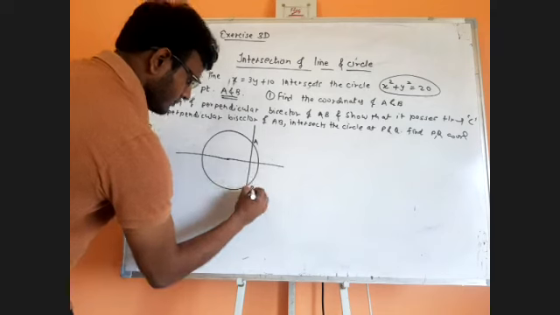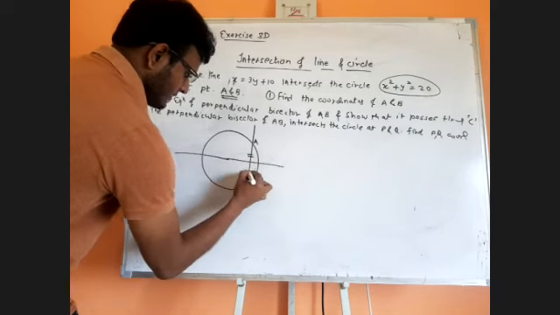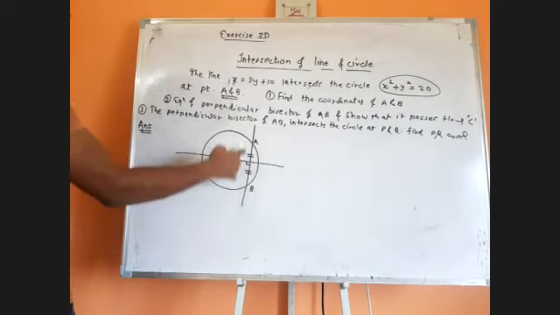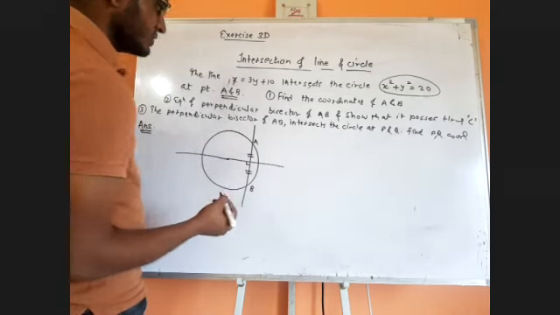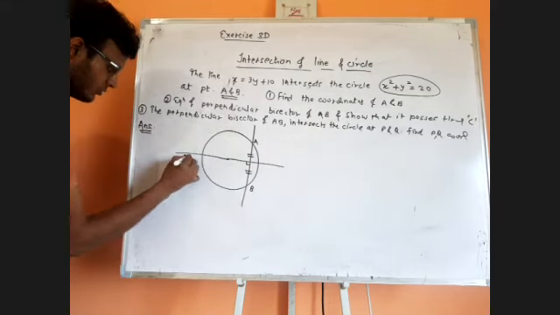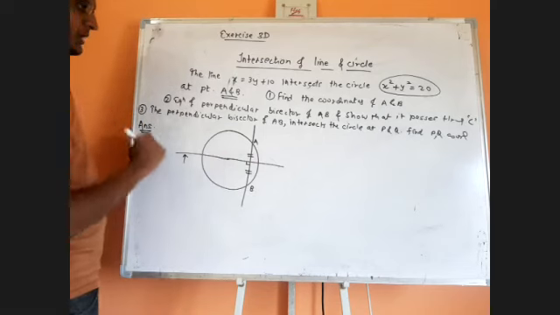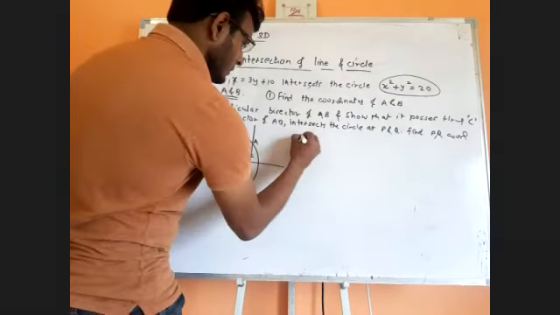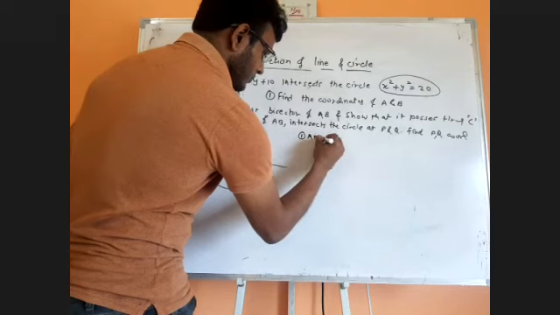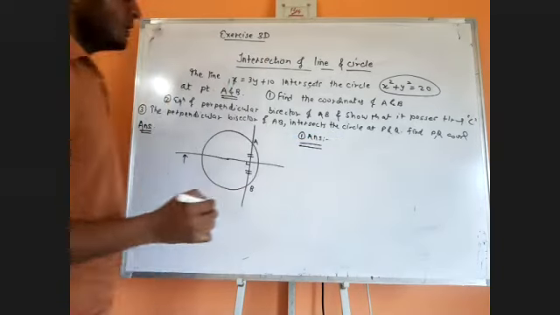A, B, and this line, if it is a perpendicular bisector, will divide it equally. This is what the question is expecting. So we have to find the equation of this line in the second part. We will do it part by part, so part 1 answer we will try to get.